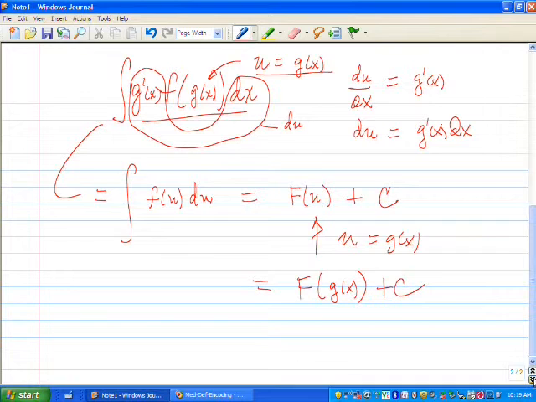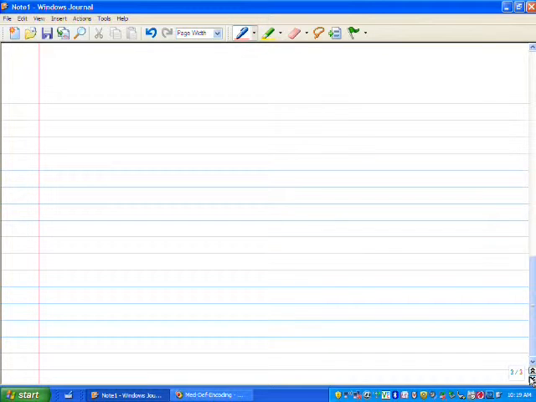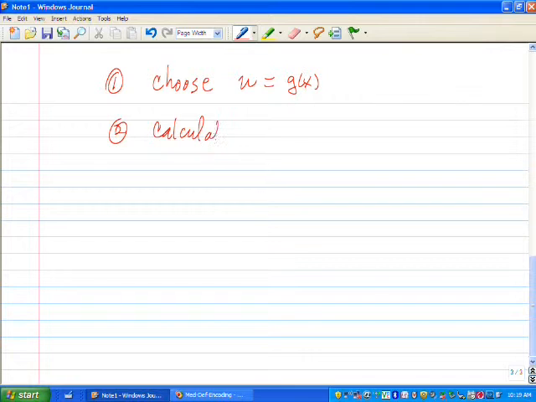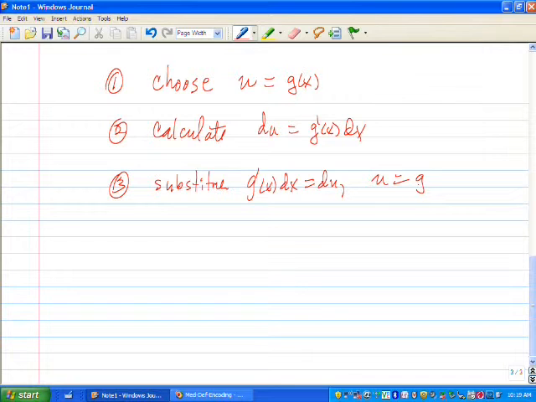So if we see an integral that has that kind of form or pattern, we can, number one, choose some u equal g of x, calculate du equal g prime of x dx, and then substitute g prime of x dx equal to du, and u equal g of x, and then perform the integration, which should be a lot simpler.